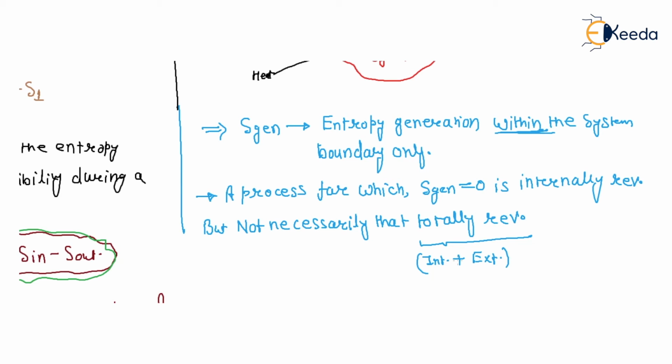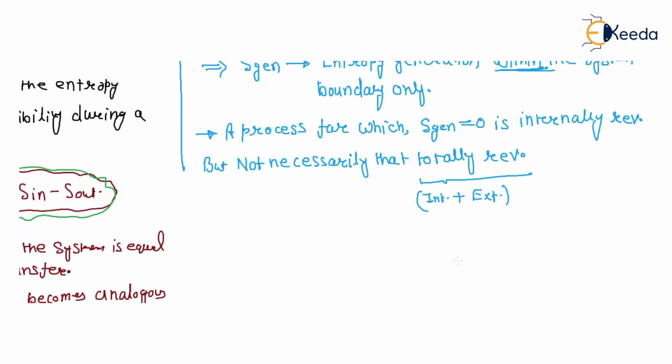So entropy generation is related to the internal irreversibility. We already discussed this, but you may think about that. Reversible is two, either internally reversible or totally reversible.